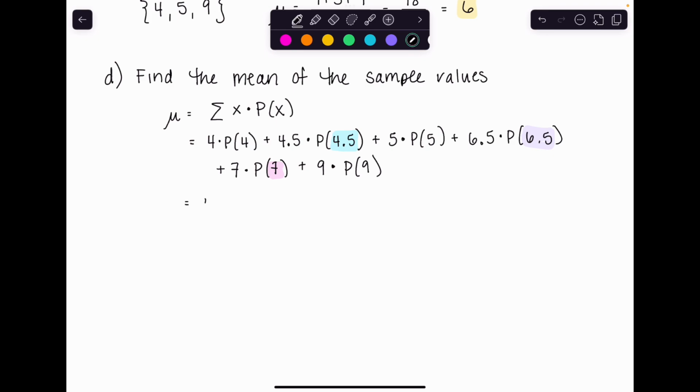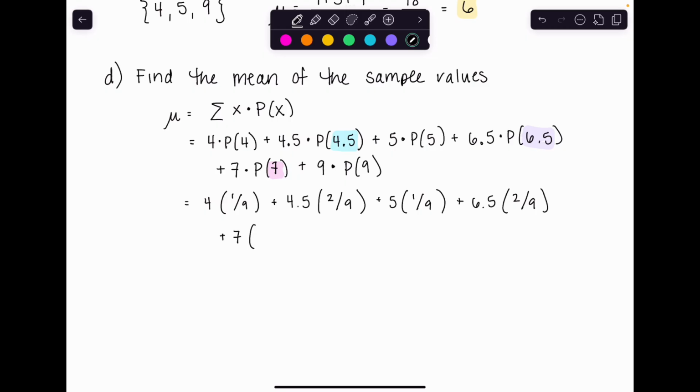So this is really 4 times 1/9. 4.5 times 2/9. 5 times 1/9. 6.5 times 2/9. 7 times 2/9. And 9 times 1/9.